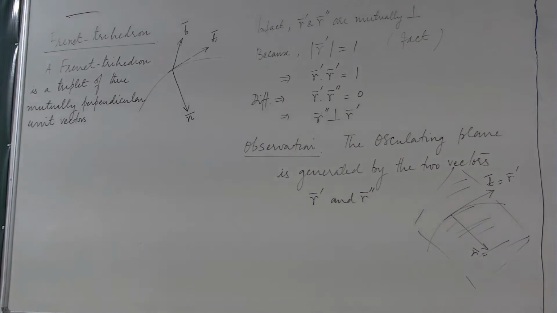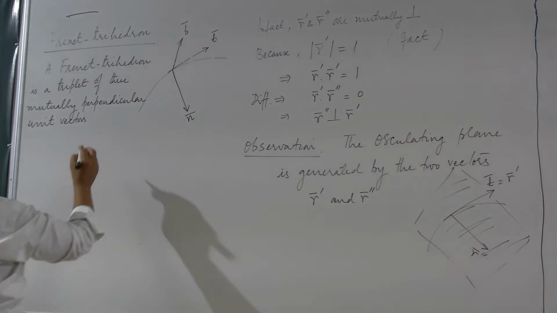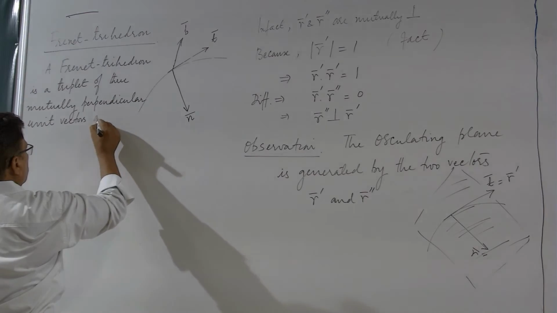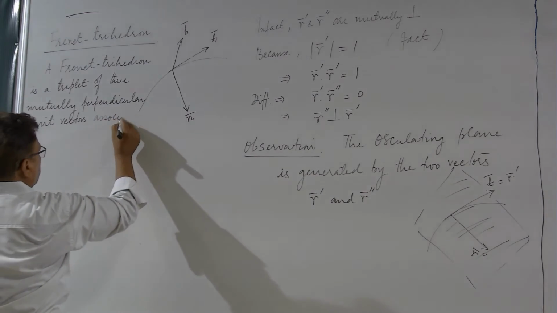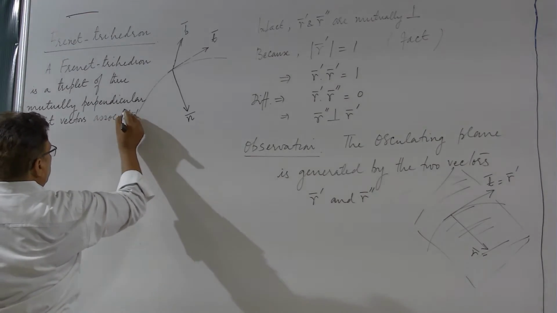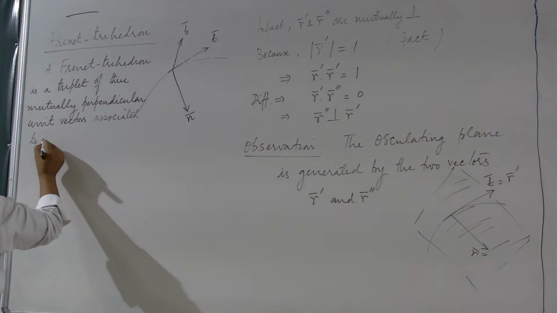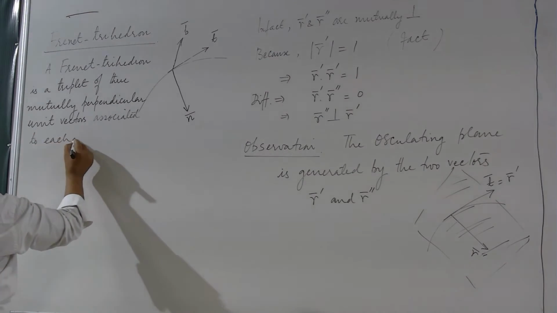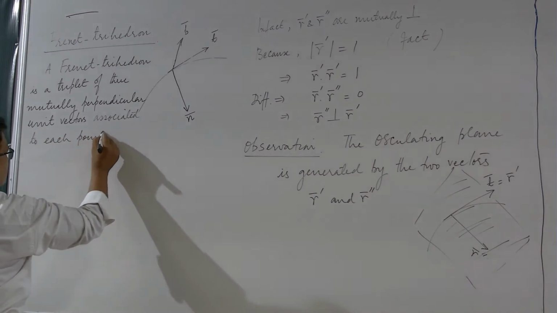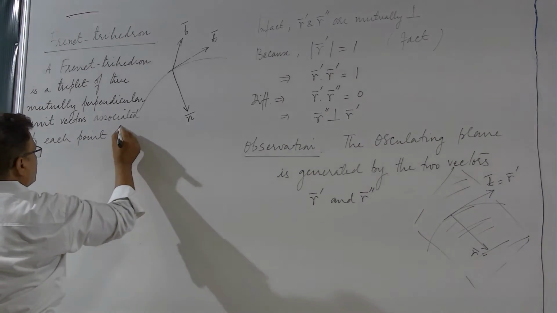The Frenet trihedron is a triplet of three mutually perpendicular unit vectors associated to each point of a space curve.